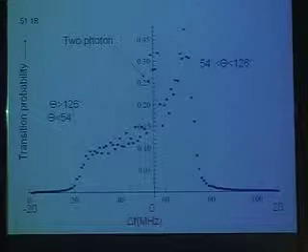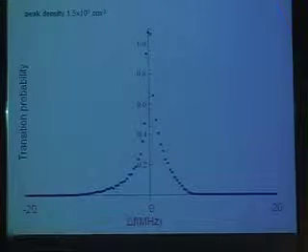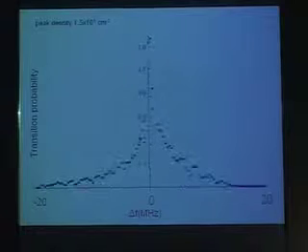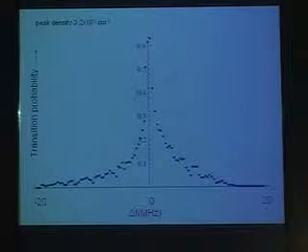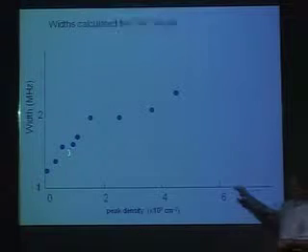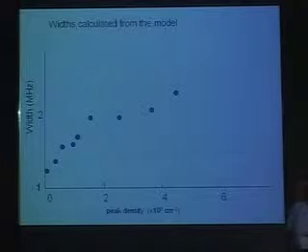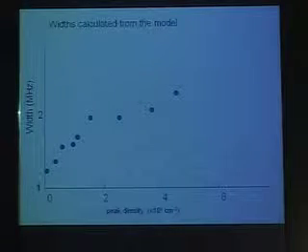This is a computed curve, and if you look at what you compute at several different densities, at 0 density, there's no broadening. At 1.5 times 10 to the 9th, it looks like that, and at 3 times 10 to the 9th, it looks like this. So you can take the full widths at half maximum out of that model, and they look like this, which look like what we saw.